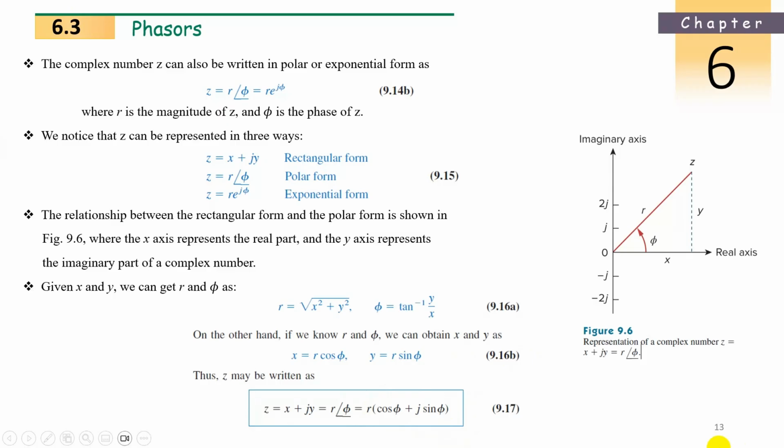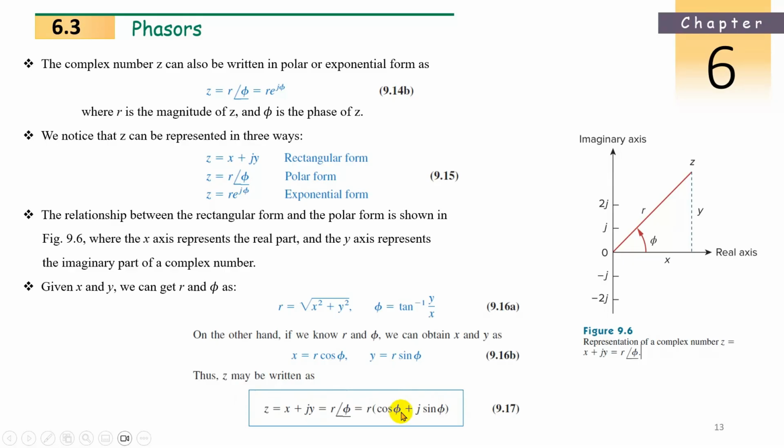I already explained what we call a phasor and what a sinusoid is. Now I am telling the interrelation: z is equal to x plus jy, which can also be written in polar form, which in terms of sinusoid is r cos phi plus j sine phi.